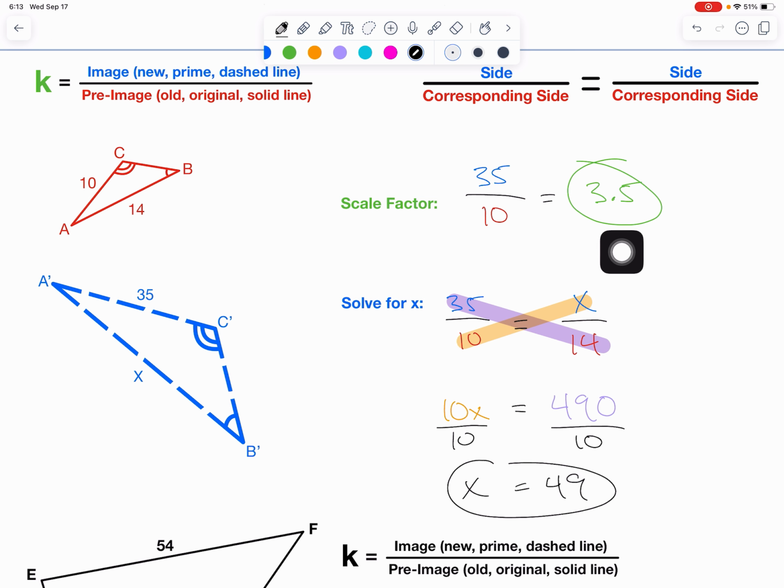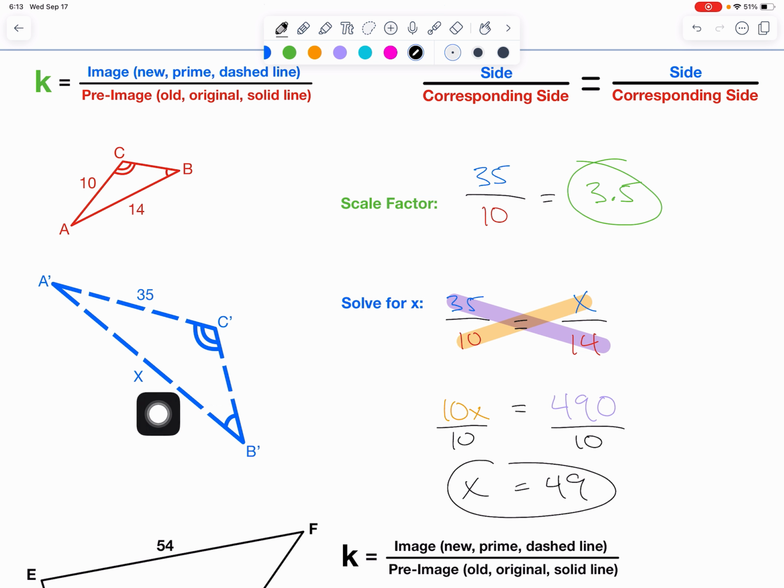Now, here's the scale factor shortcut, which I always like to use, because you're doing the exact same thing. All right, let's just see how this works. So when I cross multiply and I see this fraction of 35 over 10, well, 35 over 10 equals 3.5 times, oh my goodness, because there's your x, 14.